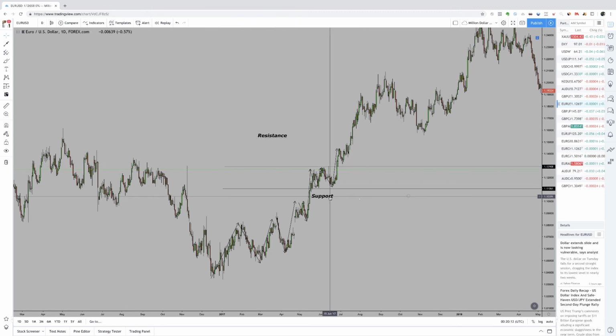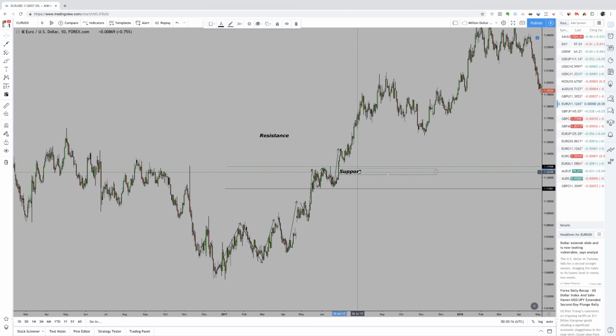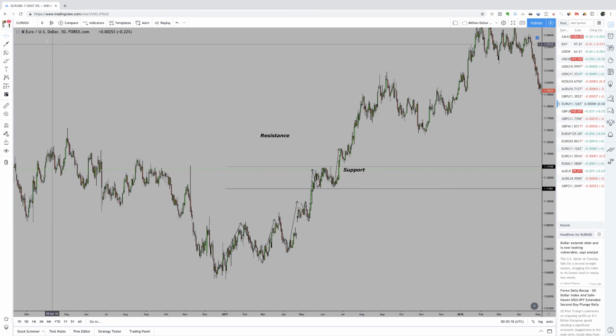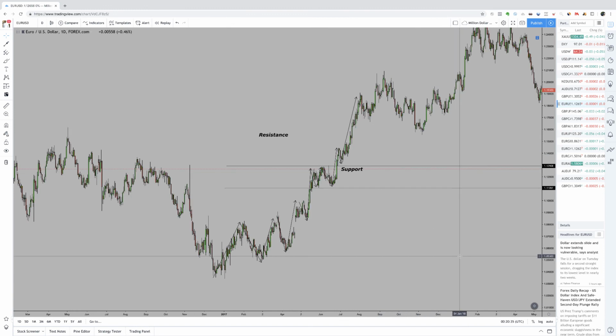Now, this is no longer resistance no more. Remember, if resistance is broken and price is above it, it becomes support. What do price do? Price comes right back down to the support area. And so on and so on. Just a very brief introduction to support and resistance.